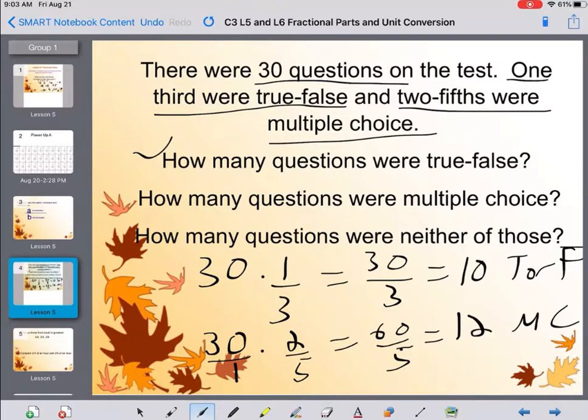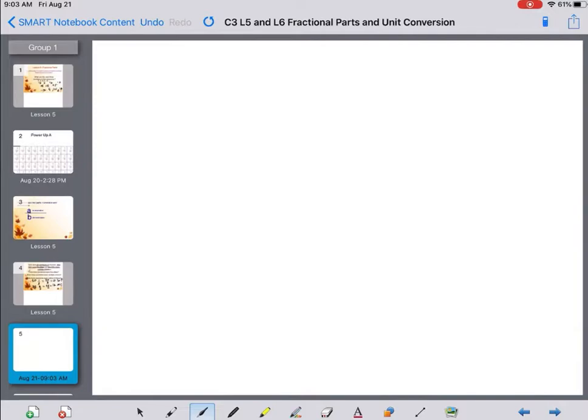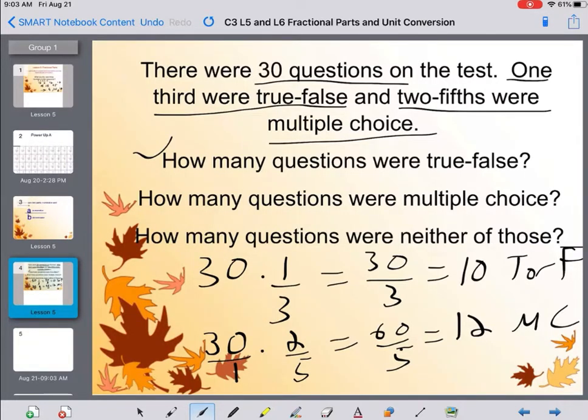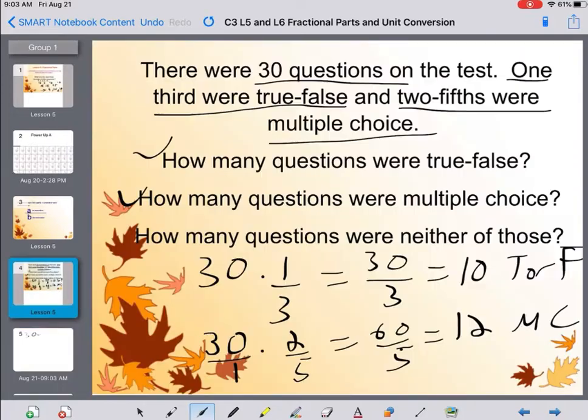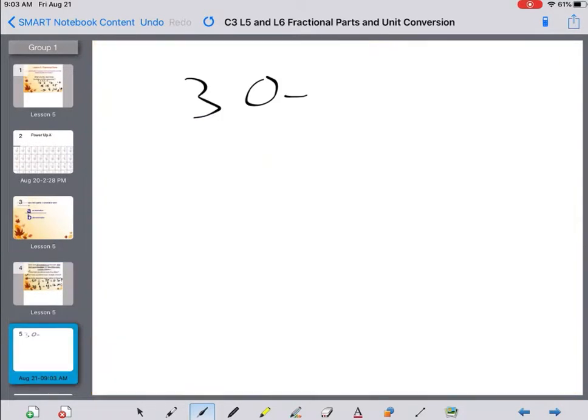Then I'm going to do the last one on this new sheet. So it says, how many questions were neither of those? So we had 30 total questions. And then we had 10 true or false and 12 multiple choice. So minus 10 minus 12 equals the unknown that we're trying to solve for, neither.